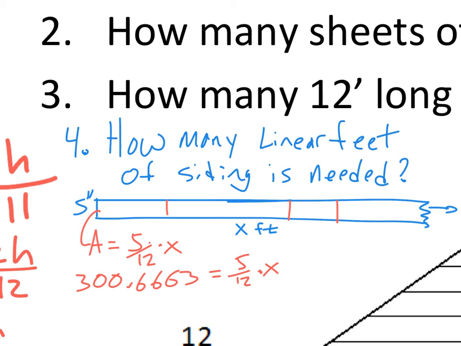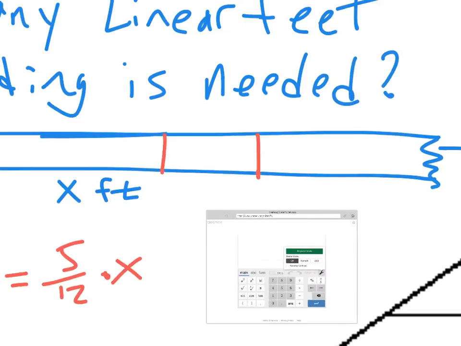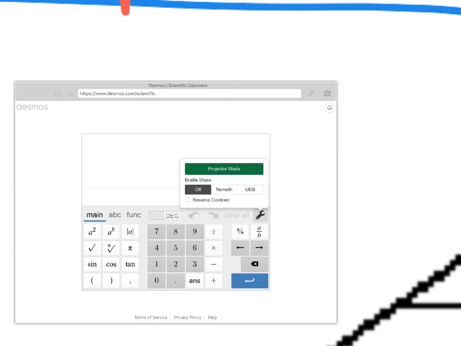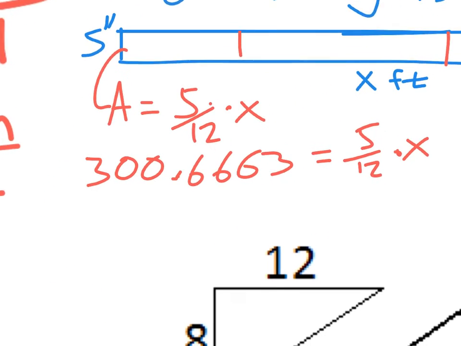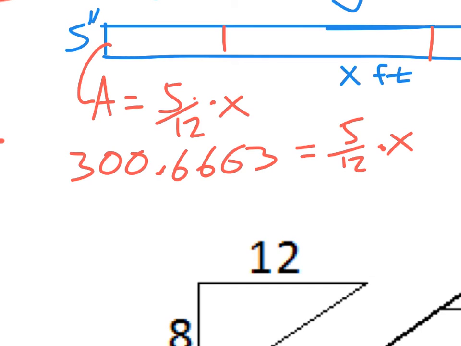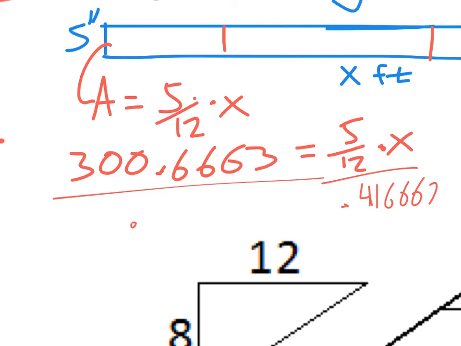And 5/12 gives us 0.416 repeating there, all right? So we have 300, we want to divide by 0.416, because that's just 5/12.